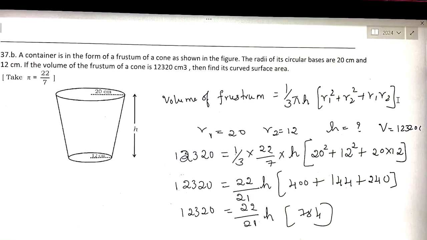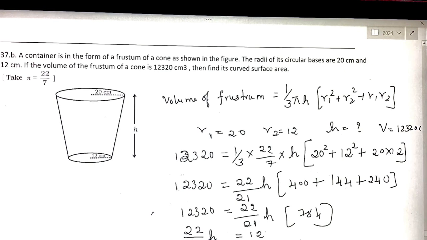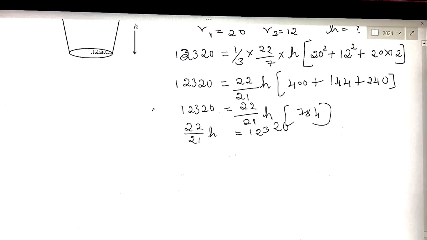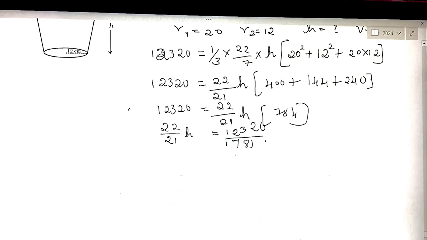Okay. So now, while further simplifying this, we get 22 by 21 h is equal to 12320 divided by 784.